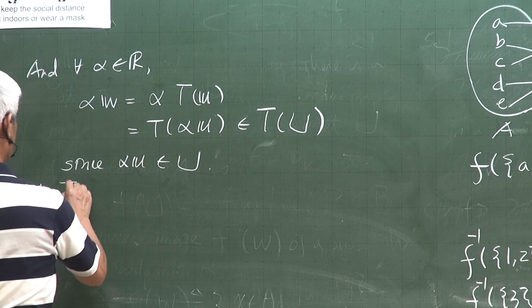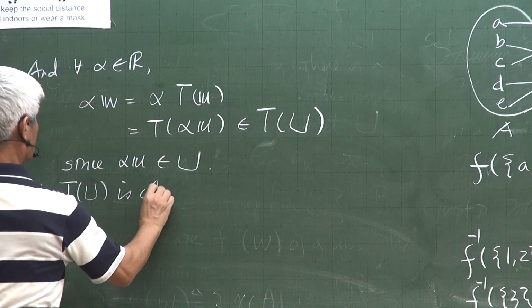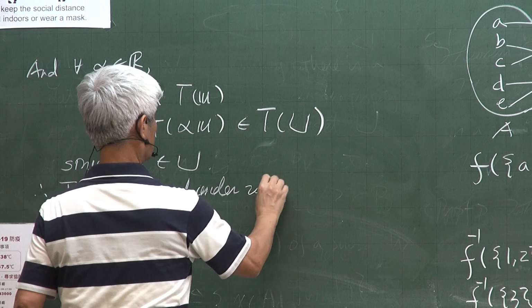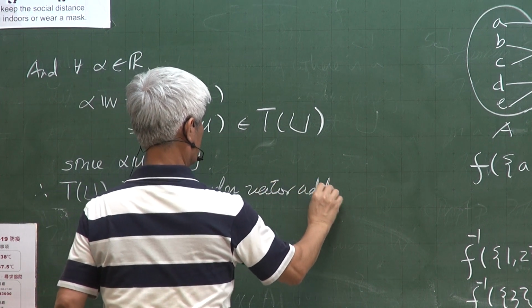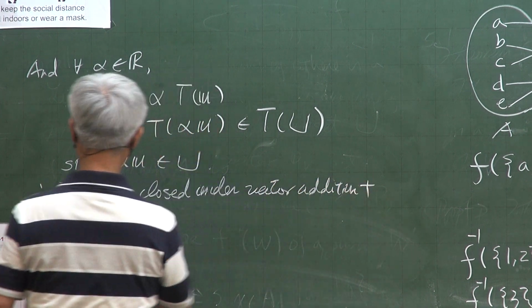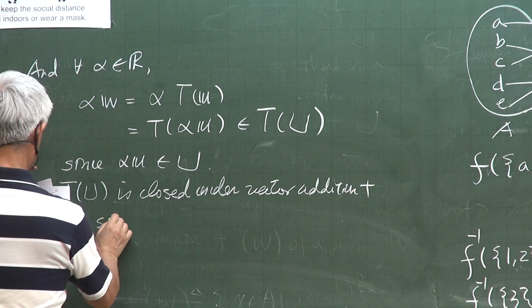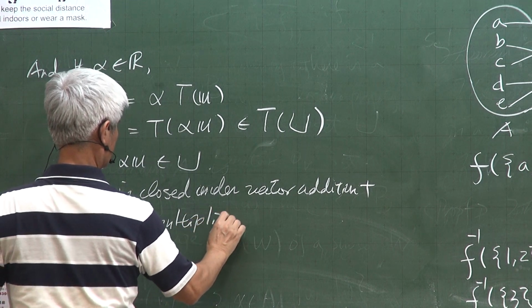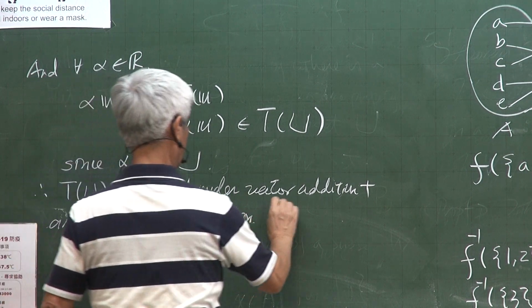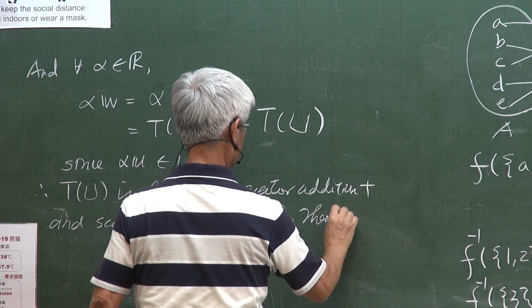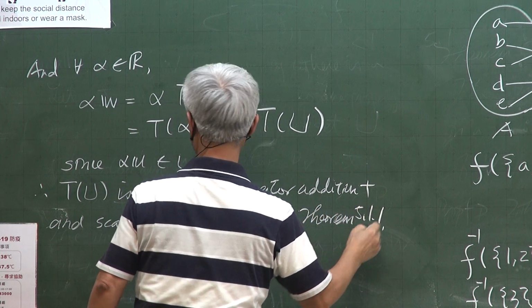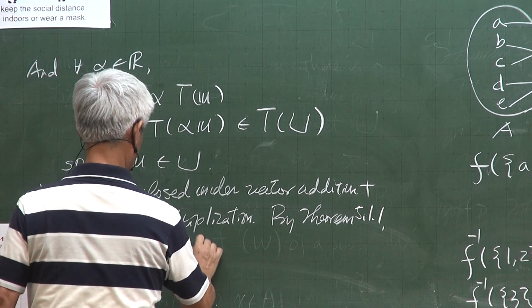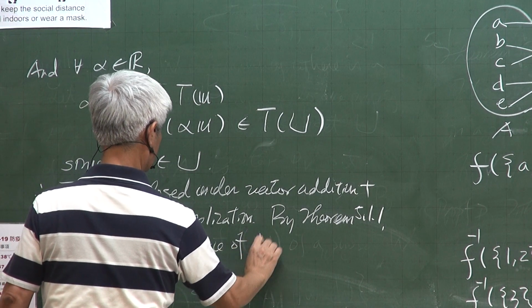So the conclusion is that TU is closed under vector addition and scalar multiplication. Alright, so by theorem 5.1.1, TU is a subspace of W.